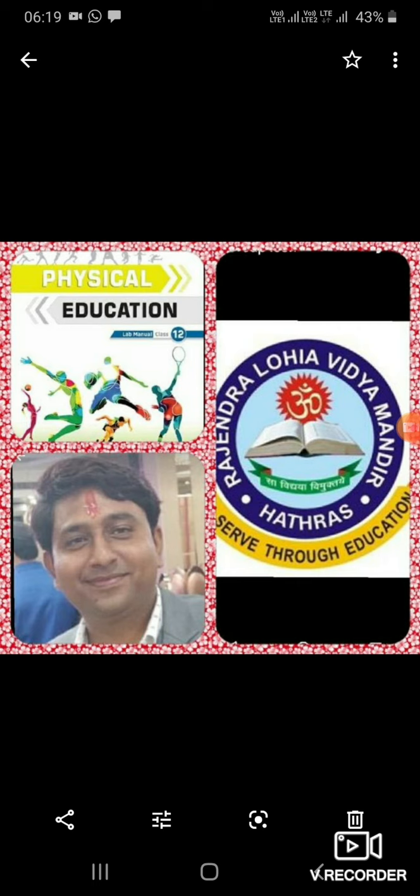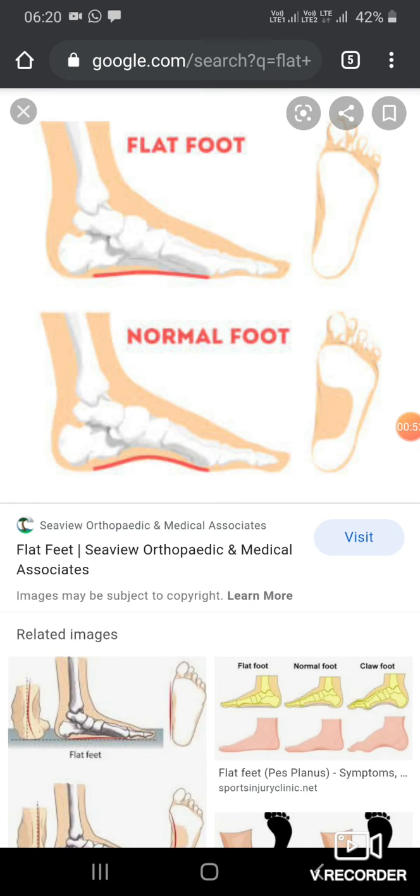Okay, first is flat foot. Students, in a flat foot, if any person has this type of deformity, then their foot is not having a curve.